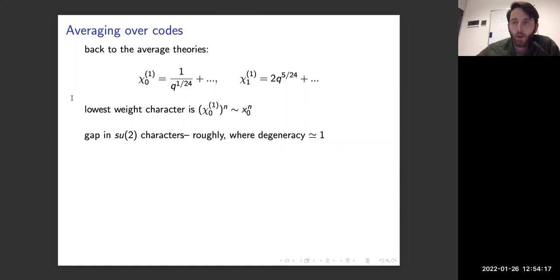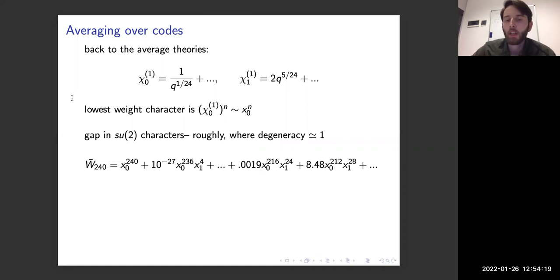The gap is roughly where the degeneracy and the density of states is roughly equal to 1. And you can see, for instance, by picking some random large number, that first you have a coefficient 1, and then you have really, really small numbers, which I guess are going to 0 in the large n limit. But the numbers grow, and then eventually they get bigger than 1, and then they blow up and get very big.